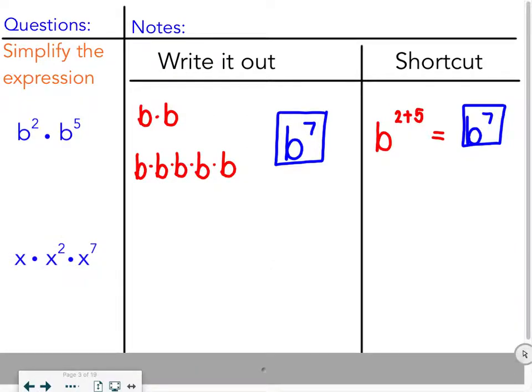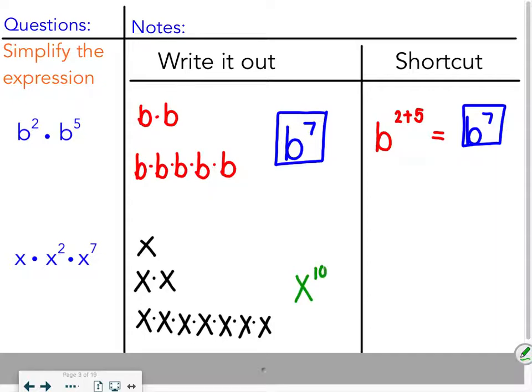Okay, so then if I have x times x squared times x to the 7th, if I write it out, I have an x, I have 2 x's, and I have 7 x's. If I count how many total x's I have, it is 10.